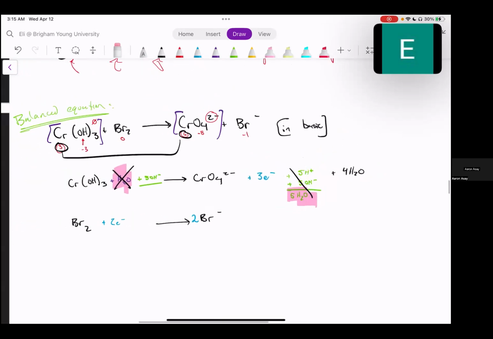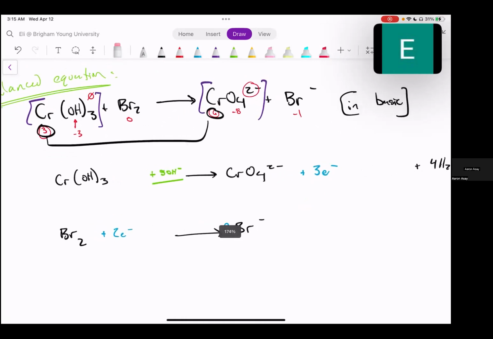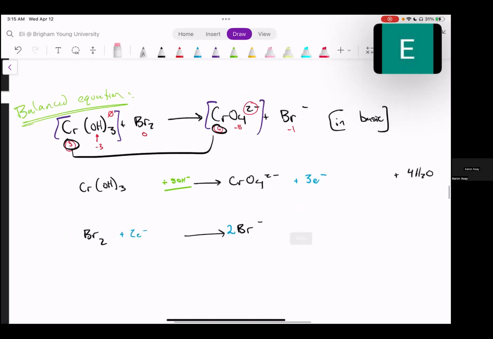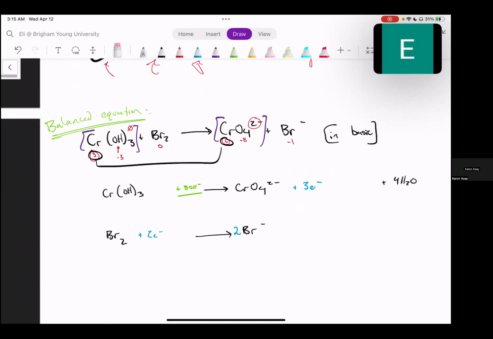So that is super nice. We are going to be able to just take those out of the equation now. These are balanced half reactions in a basic solution.